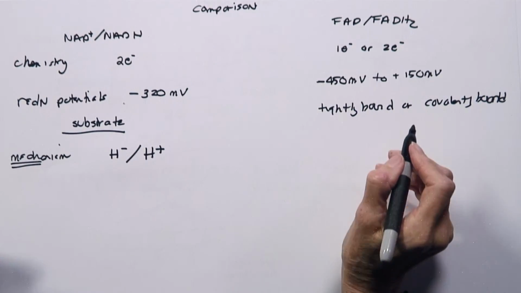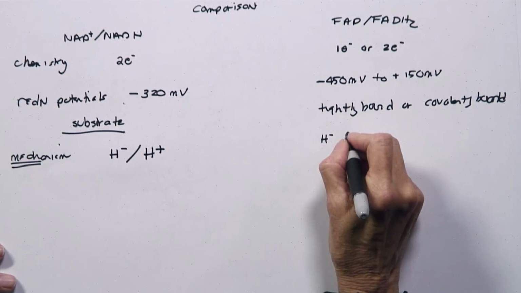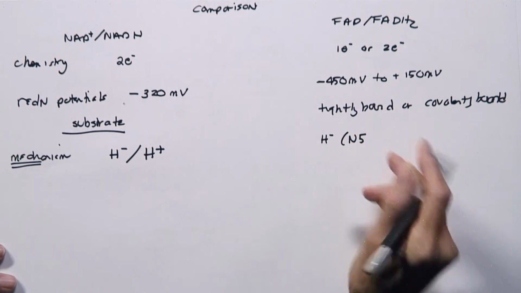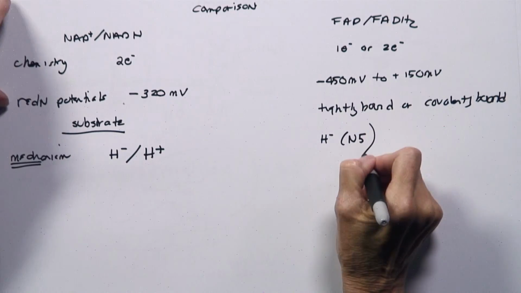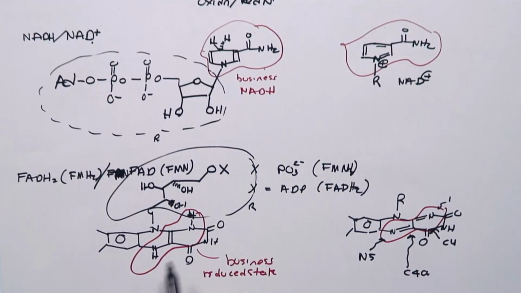With FADH2, the chemistry is considerably more complicated, but what I will show you is that it can also do hydride transfer, and when it does hydride transfer, it does it to the N5 position. So if we go back for a second and look at the flavin in the nomenclature, this is the N5 position.